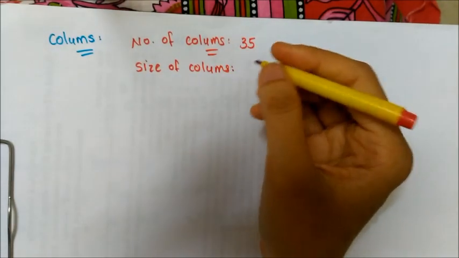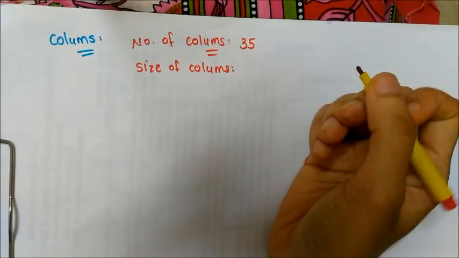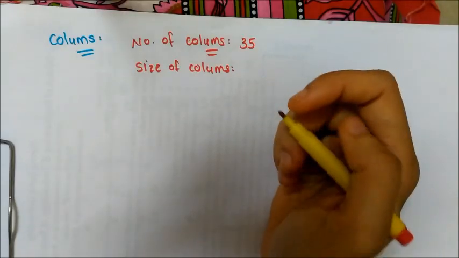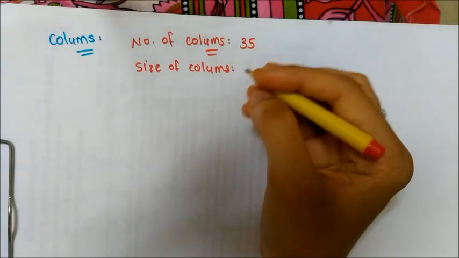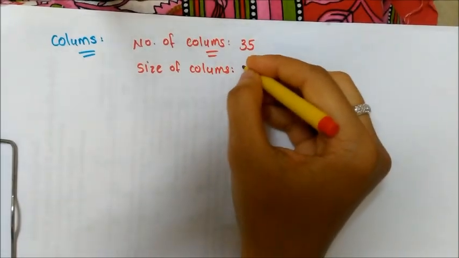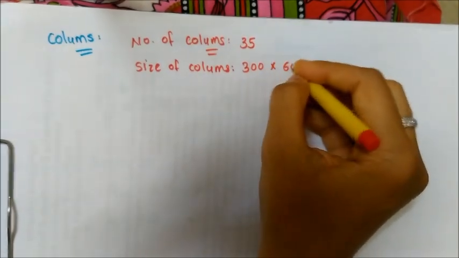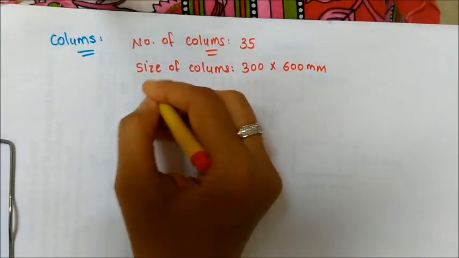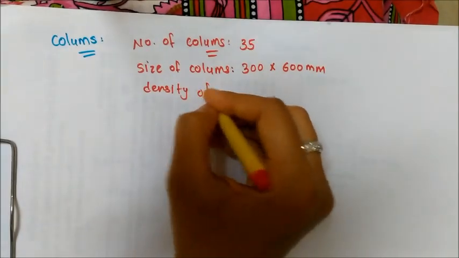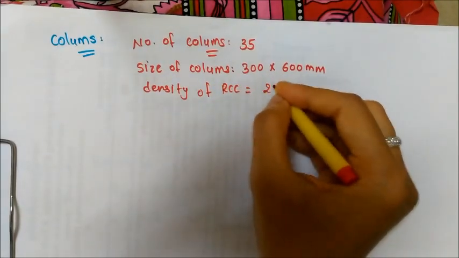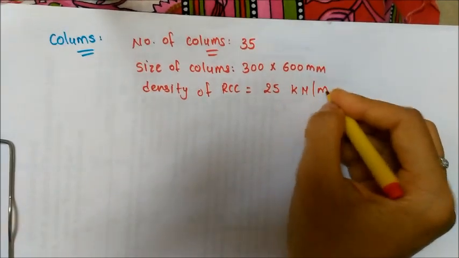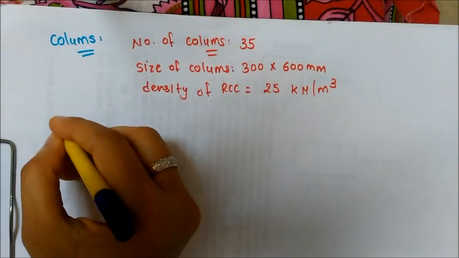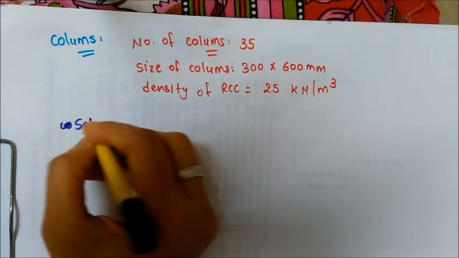It is possible that you cannot have the same size for each and every column, but here I am taking a general example, so the size is the same for all columns, and it is 300 by 600 mm. Okay, and we have to multiply the density of RCC, which is 25 kilonewton per meter cube. We just have to multiply all these values for the self weight of the column.